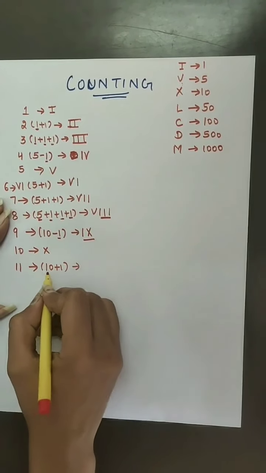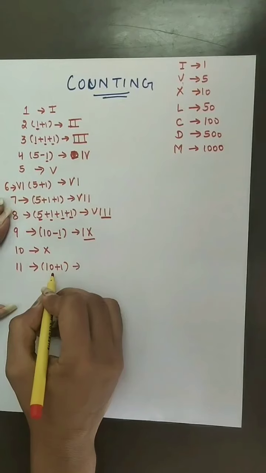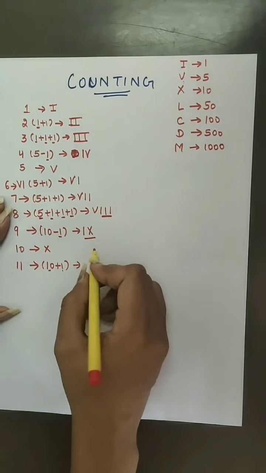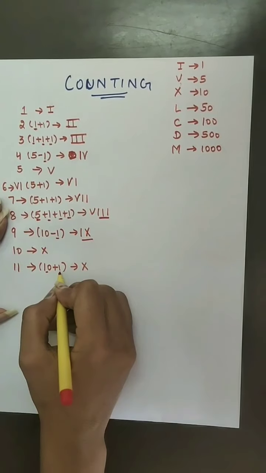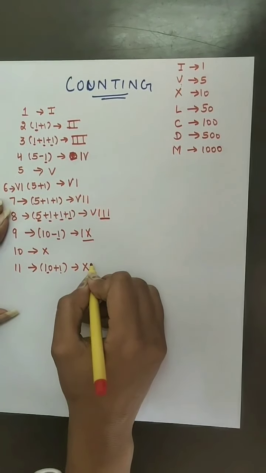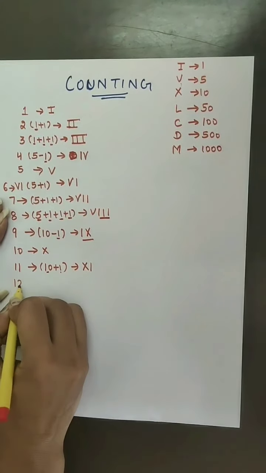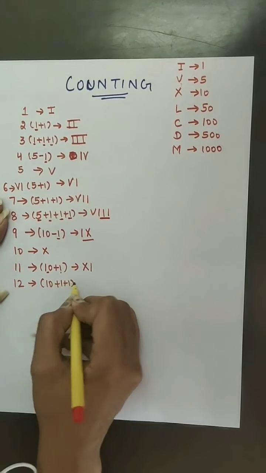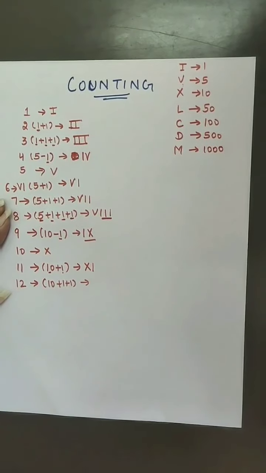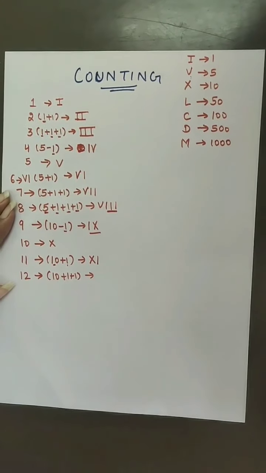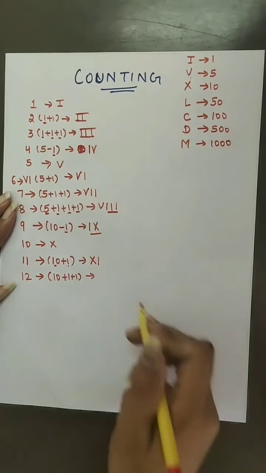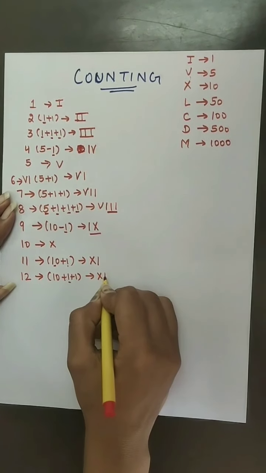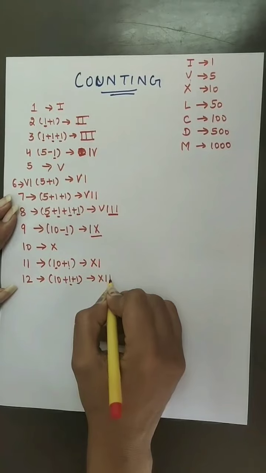Now addition: first the symbol of this, then the symbol of that. Means the symbol of 10 is X and the symbol of 1 is I. 12 we can write as 10 plus 1 plus 1, and we can write it as X, one I for this one and another I for this one.